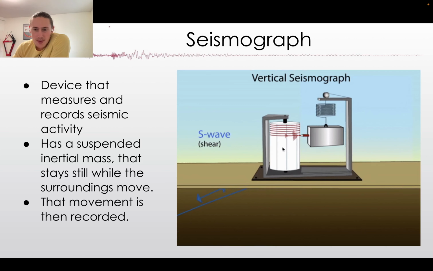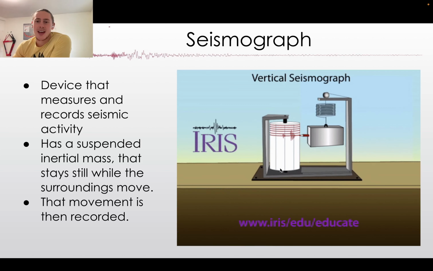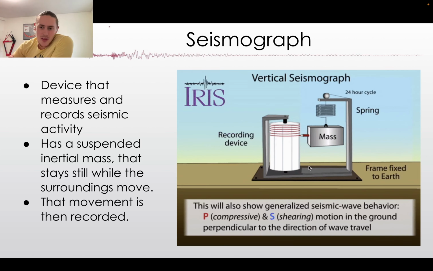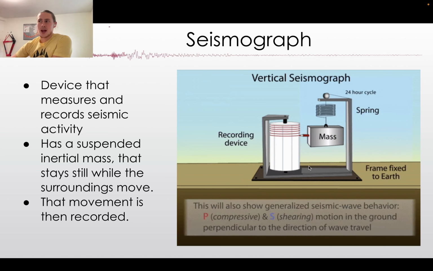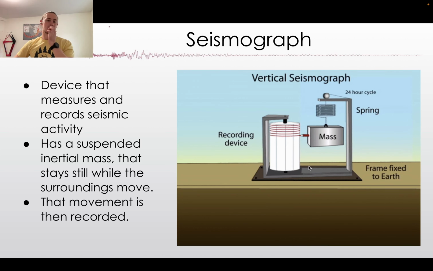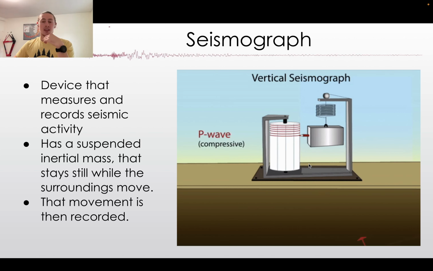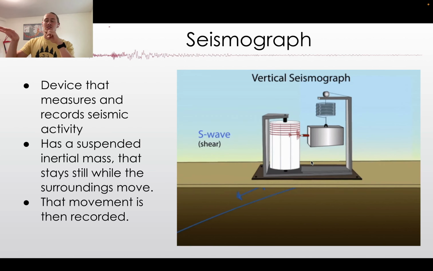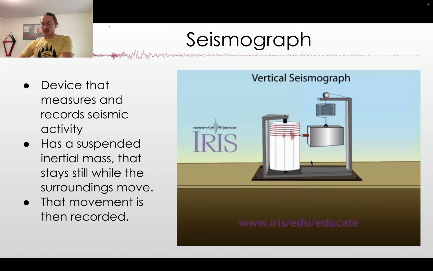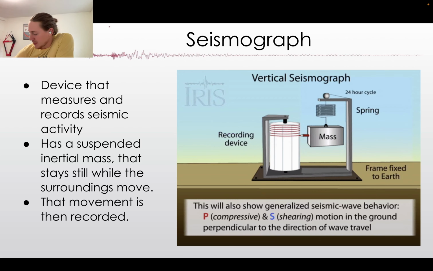Yep, P wave and then S wave, right? And see how the mass stays still and the ground actually moves around it. That's how they work. And there can be seismographs that are not vertical. There can be seismographs that are horizontal, and they work very similarly, left to right instead of up and down, but it's a similar kind of thing.